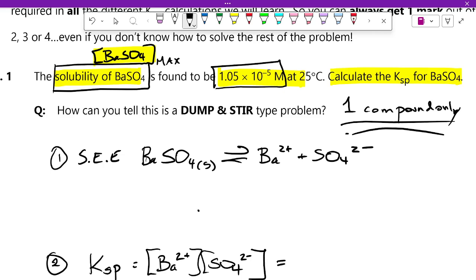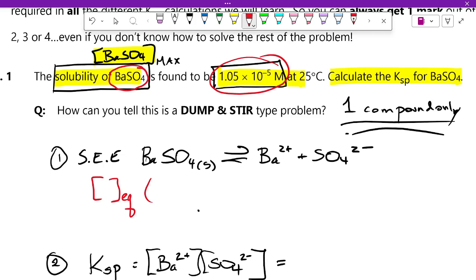Okay, so barium sulfate, we're going to find our concentrations at equilibrium. What is the concentration of the barium sulfate at equilibrium? 1.05 times 10 to the minus 5.